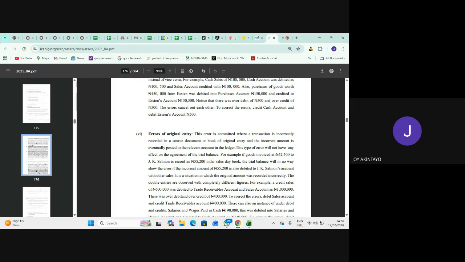The double entry is observed with completely different figures. So you look for the difference between the error and the original amount. What's the difference between 52,500 and 55,200?